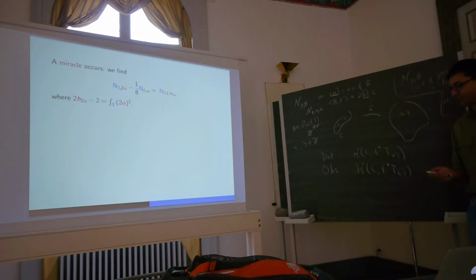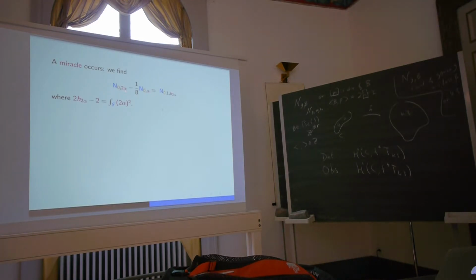Here really a miracle occurs, which is in some sense the beauty of the subject: when I take away this, the answer that I find is actually the primitive contribution in the class that numerically is class 2 alpha. This takes some time to understand. Here we're in genus 0, in an imprimitive class.